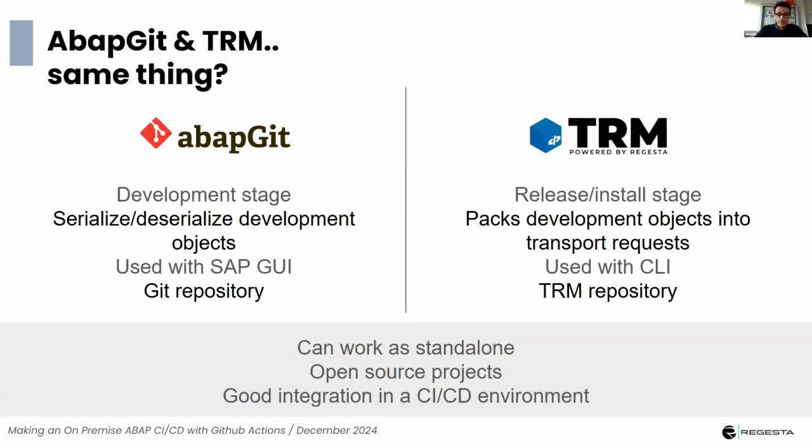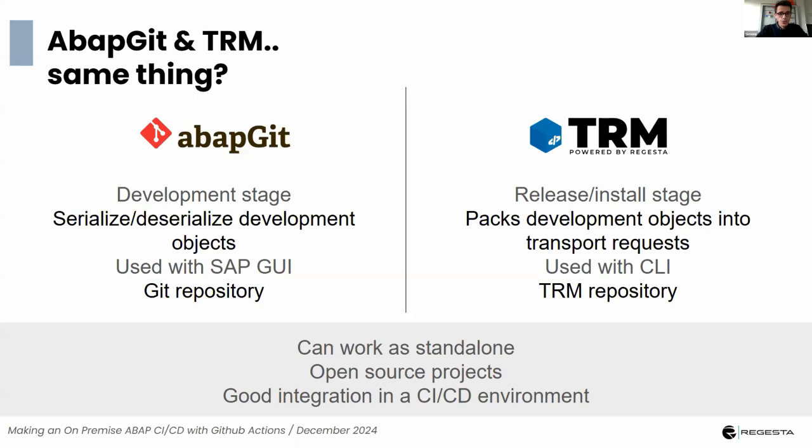So it's very different for a lot of reasons. The first one is that abapGit is basically a serializer and deserializer for development objects, while TRM uses the SAP standard transport request and TMS. So basically, TRM gets the build into your system, while abapGit gets the source code into your system, if this representation makes sense to you.